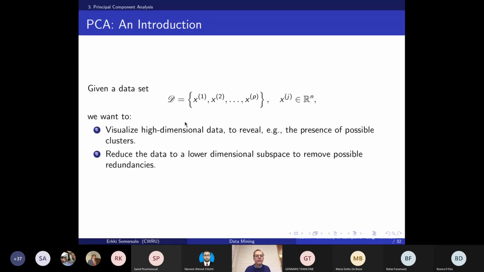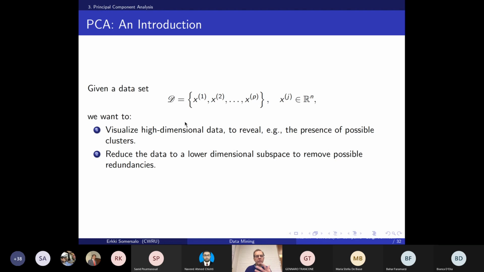So what was the goal? We have data, and in this section of the lectures, I'm assuming that my data is real data. So we have n components for each data vector, and those components are sometimes referred to as attributes in data science.